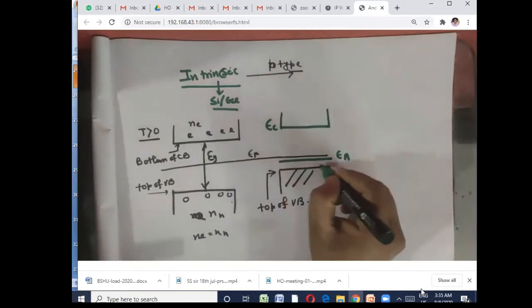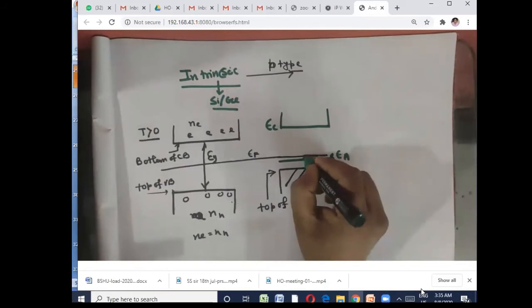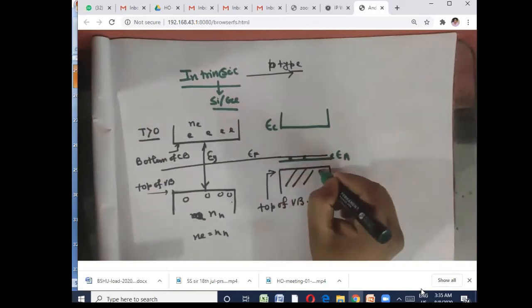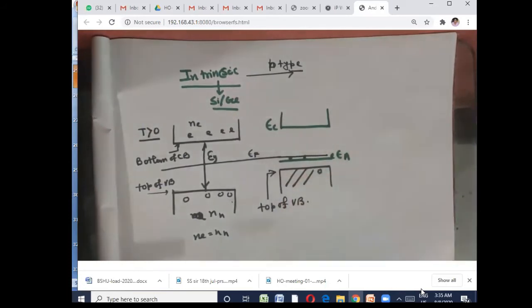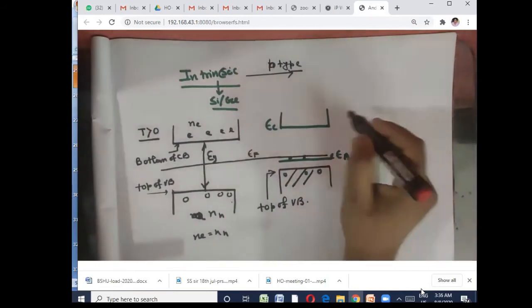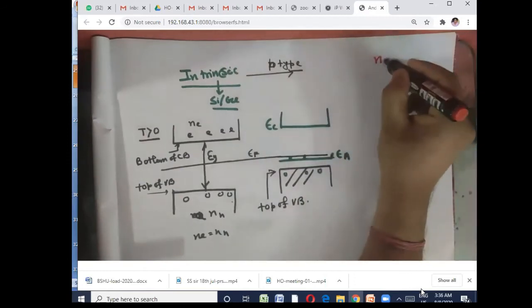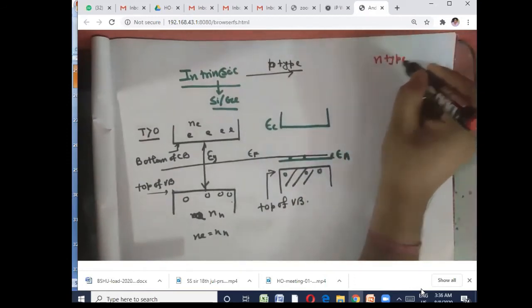Now electrons can stay here also because they are accepted, so holes can be coming here. The acceptor level is there, aluminium. So this is p-type.